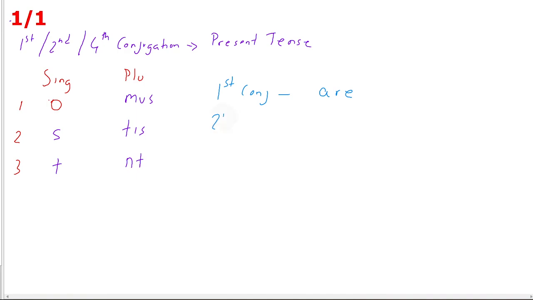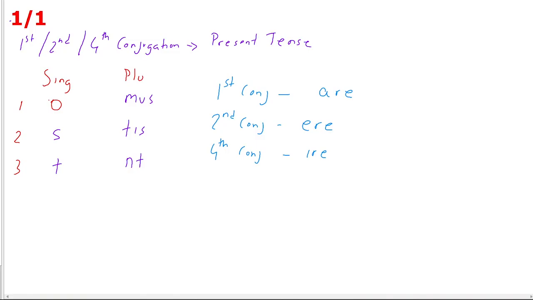Now the second conjugation had verbs ending with ERE, and the fourth conjugation had verbs ending with IRE. And therefore what we did was we just substituted the endings in order to get the first person, second person, third person singular or plural as we needed it.